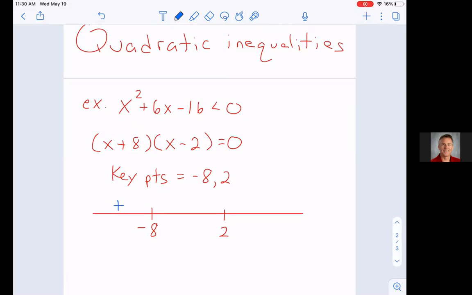Now I'll pick a number in between -8 and 2. So 0 is always a nice number, right? So 0 plus 8 is a positive number, of course, because it's 8. And 0 minus 2 is negative, because it's negative 2. When you multiply a positive times a negative, you get a negative number.